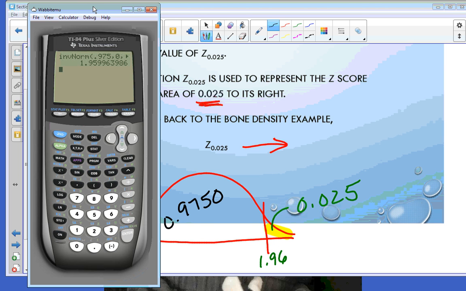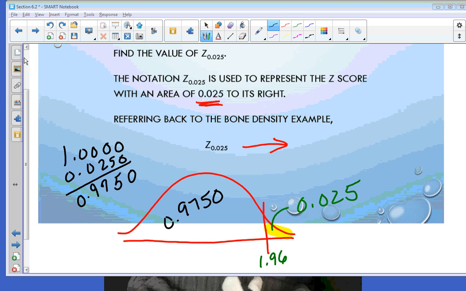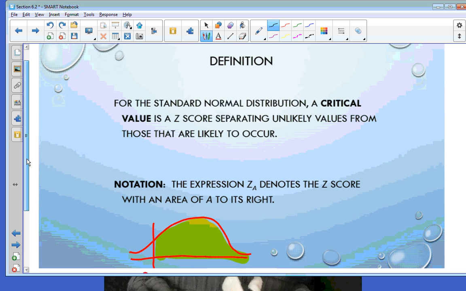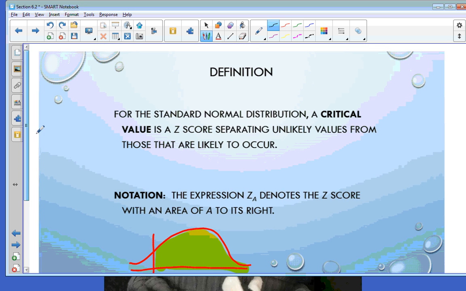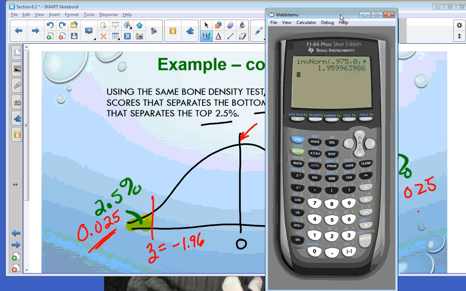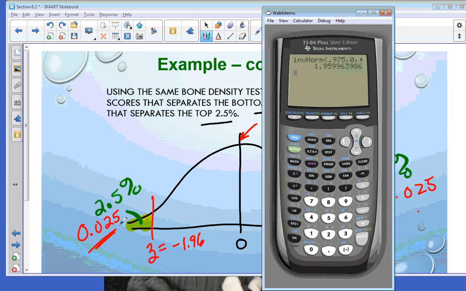So just for practice, let's go back a couple here. So we can use the calculator. Here we had the area from the end to be 0.025. Again, we're going to use second distribution.